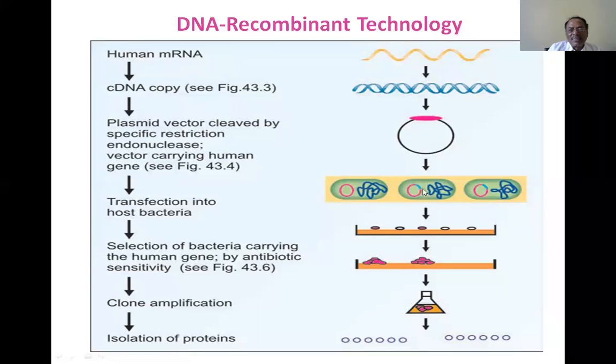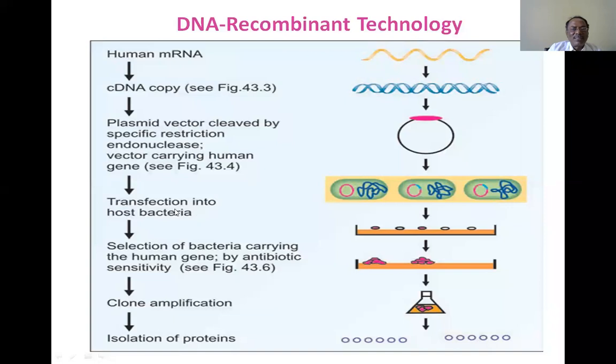In some E. coli the reaction is not fruitful and the plasmid is not able to enter. Such E. coli are removed, and the functioning E. coli are selected and further grown.